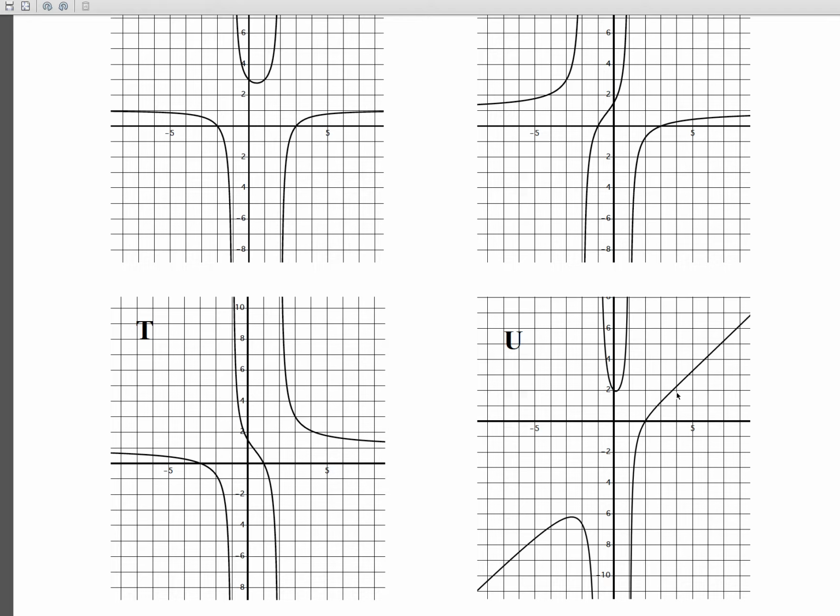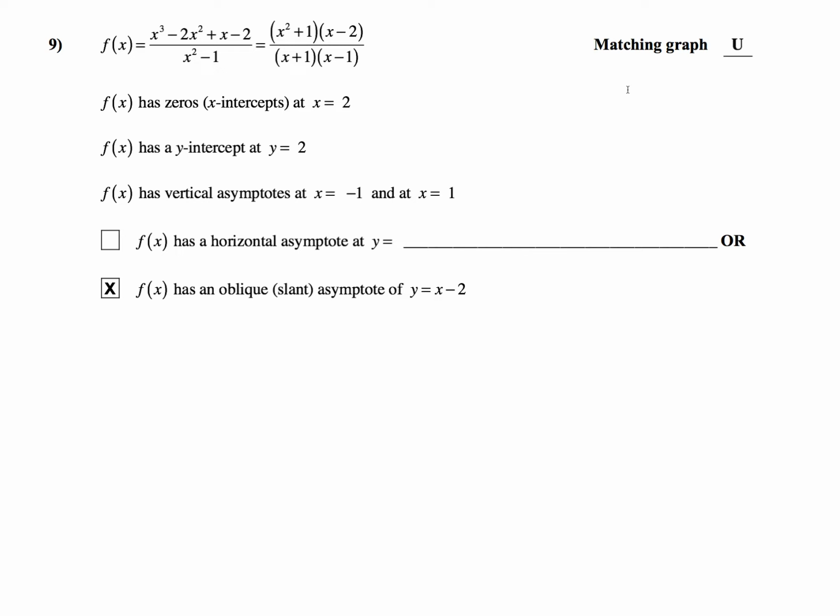I can't recall where, but it does intersect the function. I think it intersects it right here, and then it's just above the graph here and below the graph here. And so, again, rational functions can intersect an oblique asymptote or a horizontal asymptote, and at only one point. So the graph that matches this function is graph U.